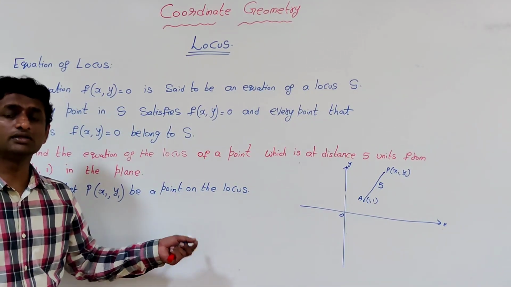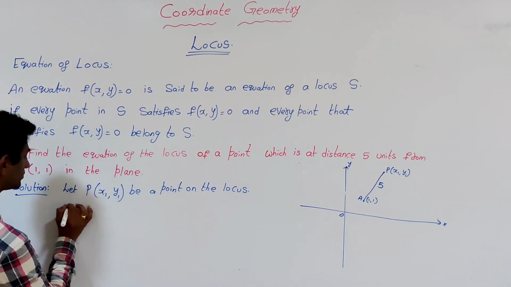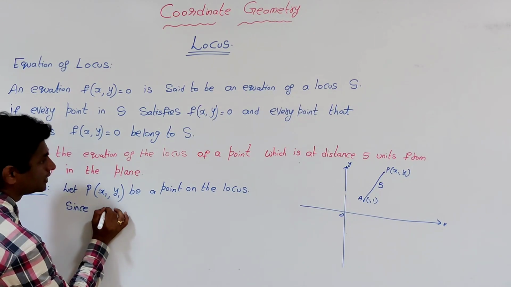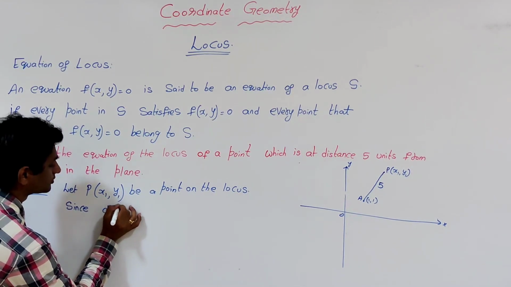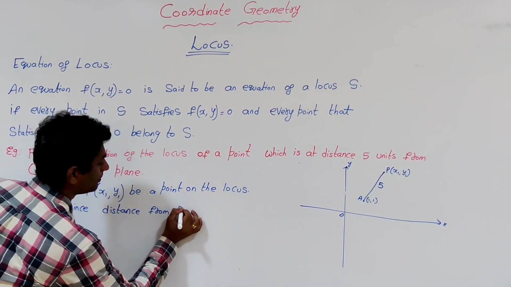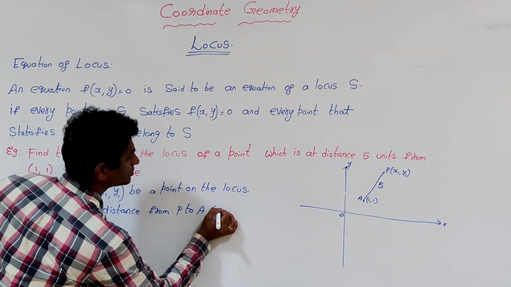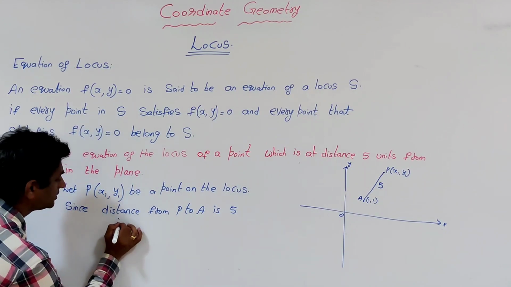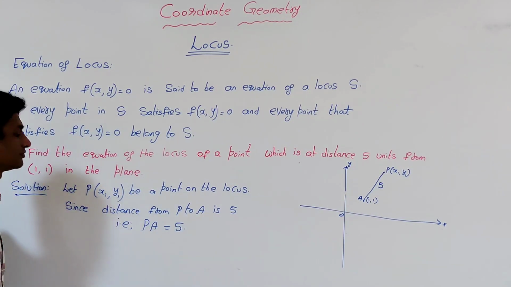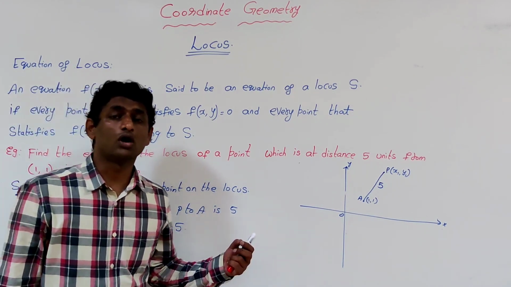If it is a point, then what is the condition? Since the distance from P to A is 5, that is PA is equal to 5 units.